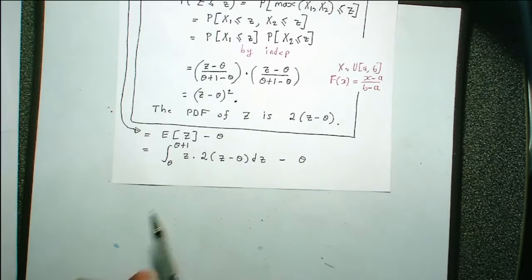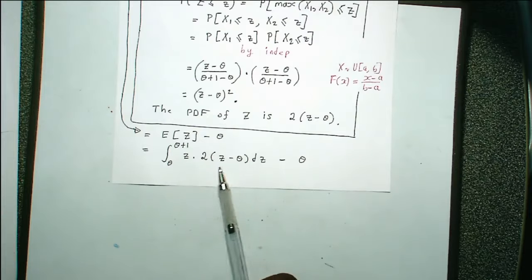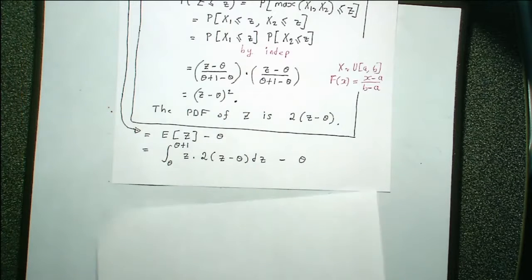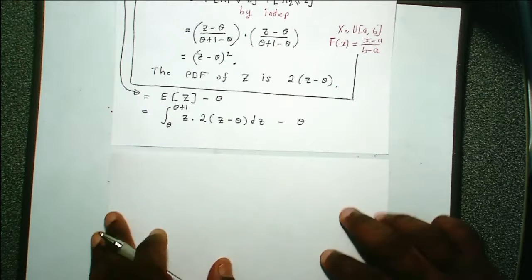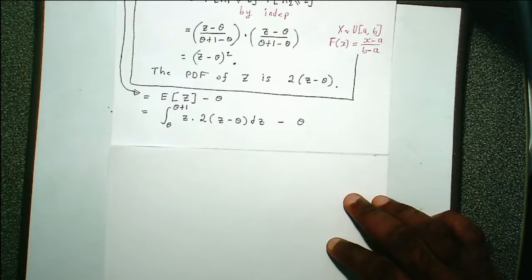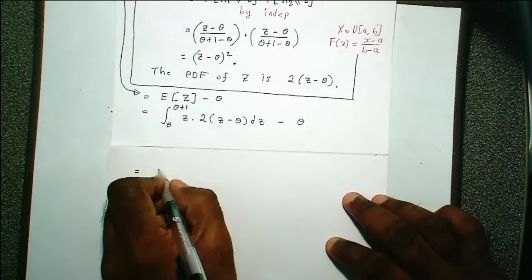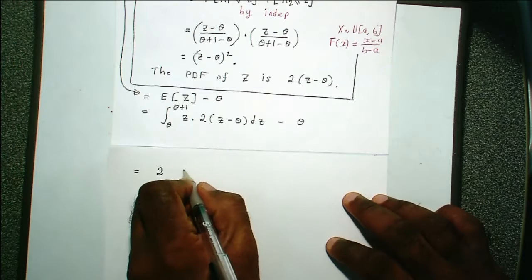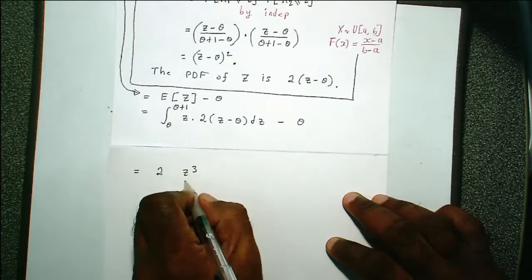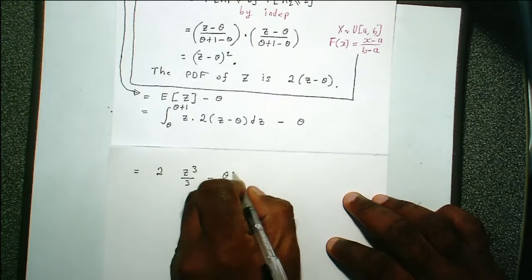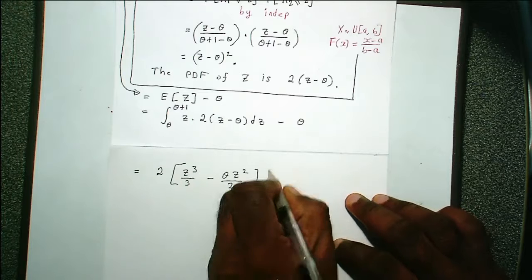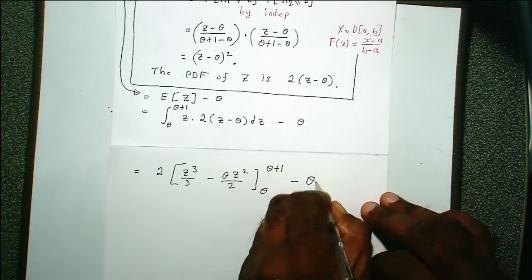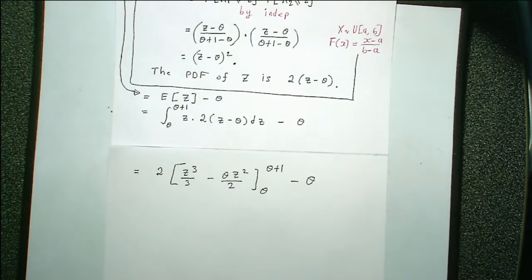So this is the integral from theta to theta plus 1 of Z times the PDF dz, right? So this becomes, we can pull the 2 outside. Right, this is what you get, right? Correct me if I'm wrong.